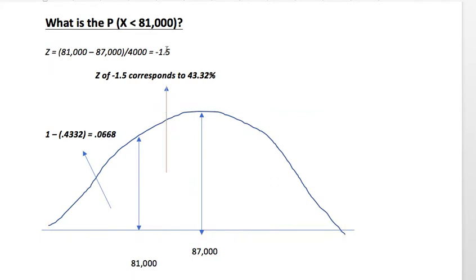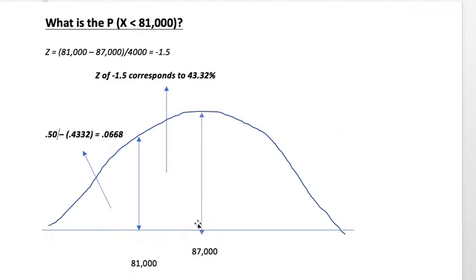So to determine the area less than 81,000, this particular area here, we would take, that should be, let me change that, I apologize, that should be 0.5, or 50%, minus the 0.4332.